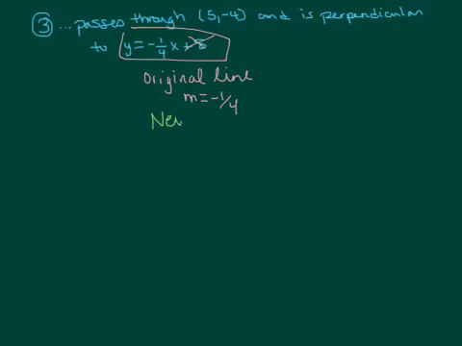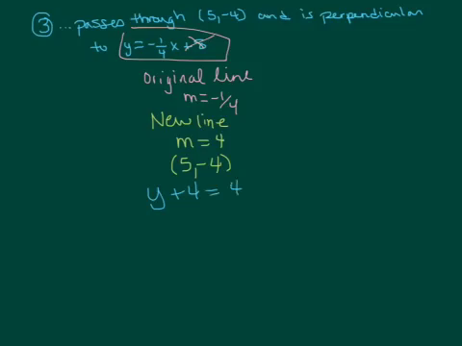Now, my new line is perpendicular to that original one, and I know that its slope is the negative reciprocal of negative 1/4, so its slope is going to be positive 4/1, or just positive 4. I also know that it passes through 5, negative 4. So now I can use the point-slope form to write the rest of this equation.